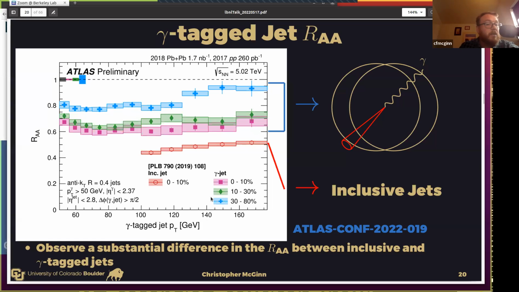Now, in comparison, if we look at the red open circles for our inclusive jet RAA, this is, I don't want to say more suppressed because I just went over how RAA isn't purely suppression. However, we see a lower RAA, so something from 0.4 to about 0.5 in the pT range where it's plotted. So we observe a substantial difference in the RAA here.